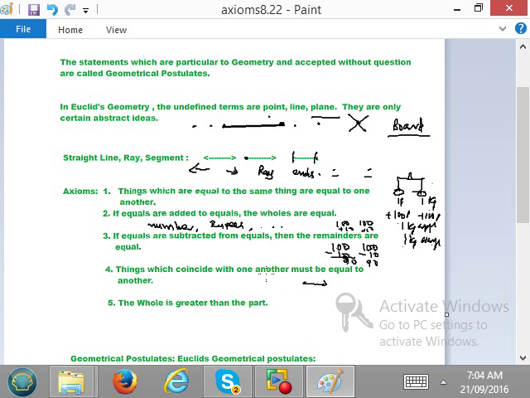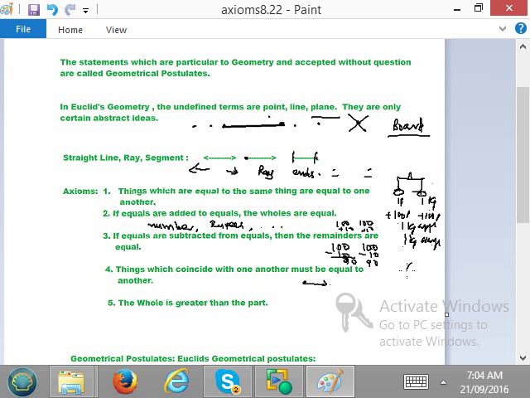Next, the other person starts the same and ends the same, which means these two are equal to one another. Things which coincide with one another must be equal to one another.